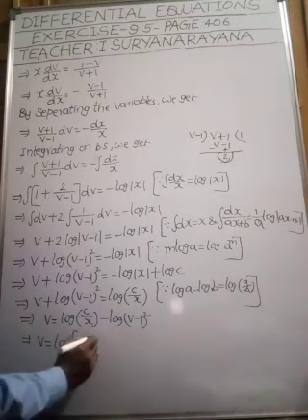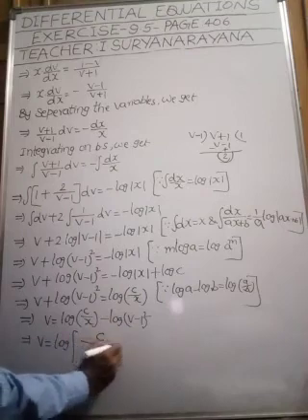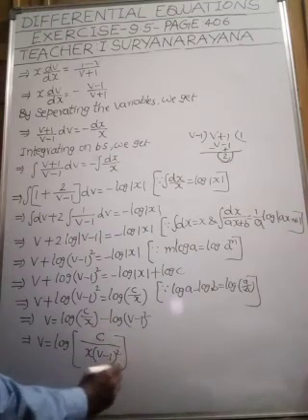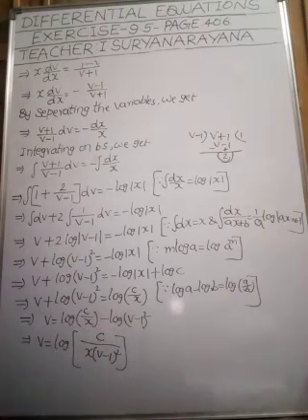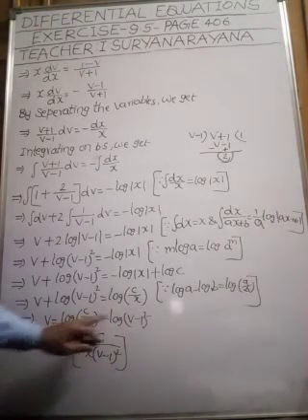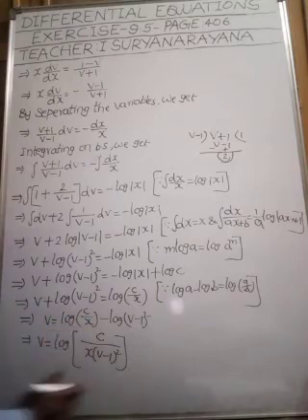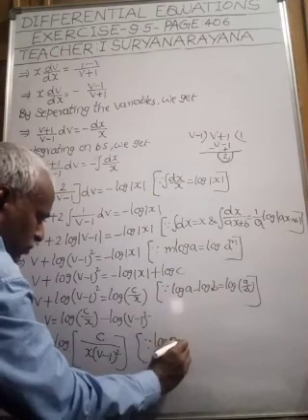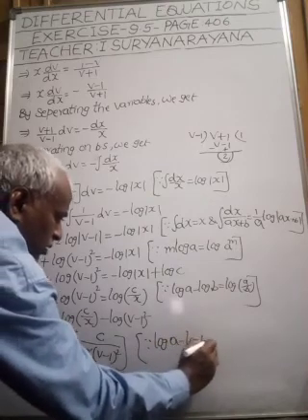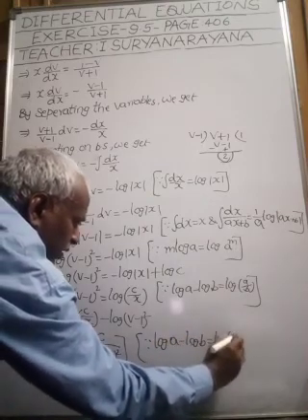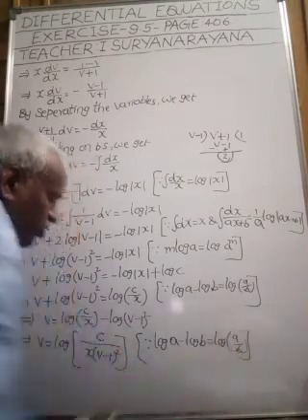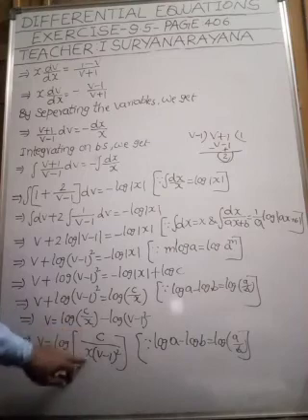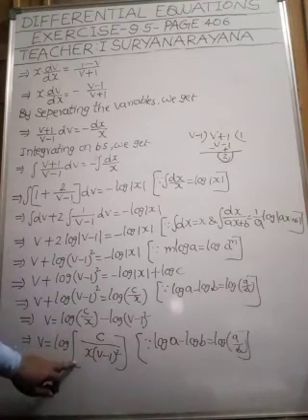Then what will you get? log of c by x into v minus 1 whole square, because log a minus log b is equal to log a by b. By using this logarithmic property, we wrote these two terms as log of a by b. Understood this point, my children?